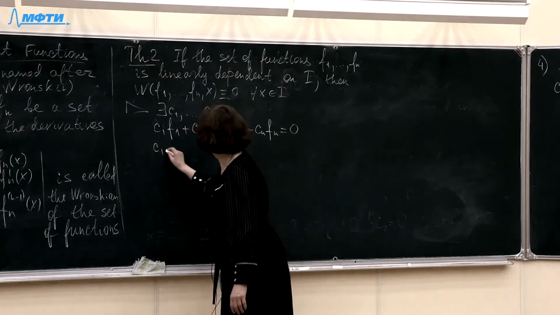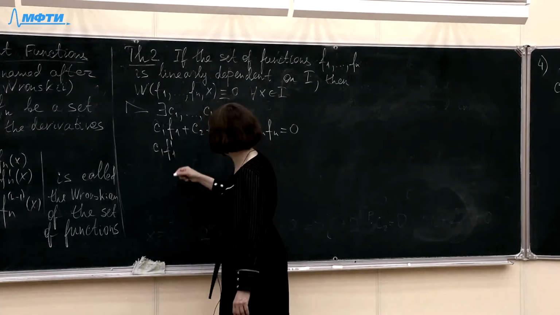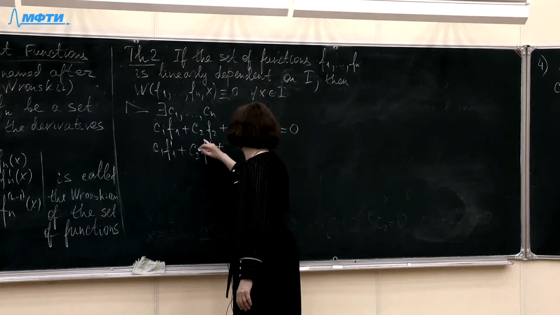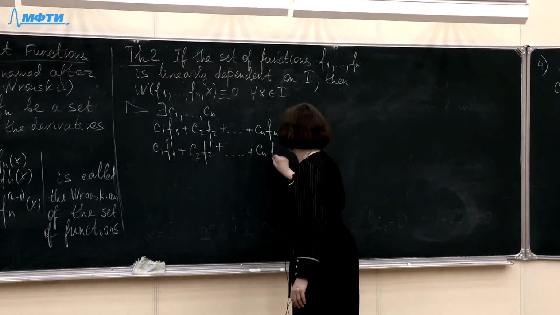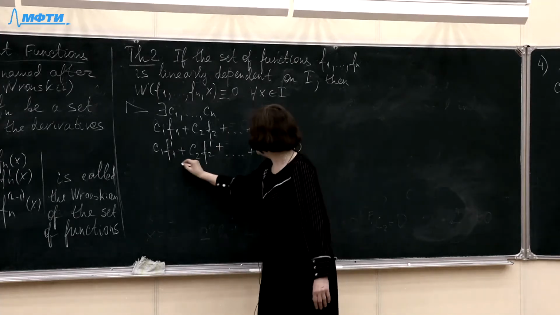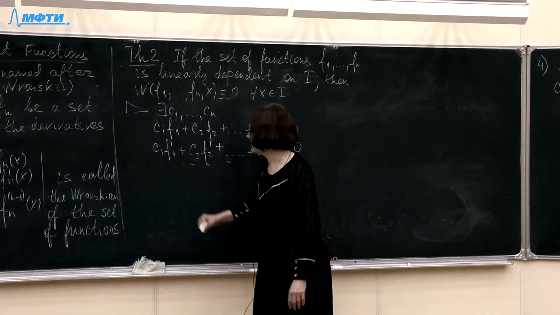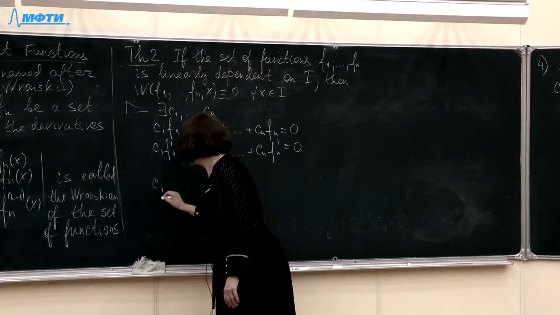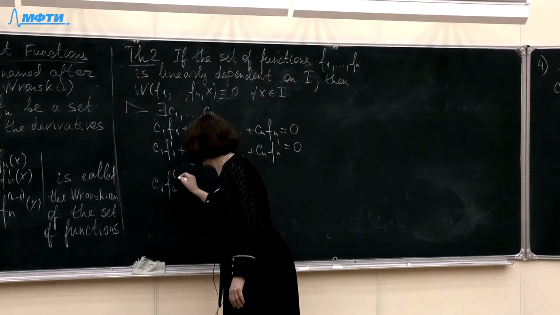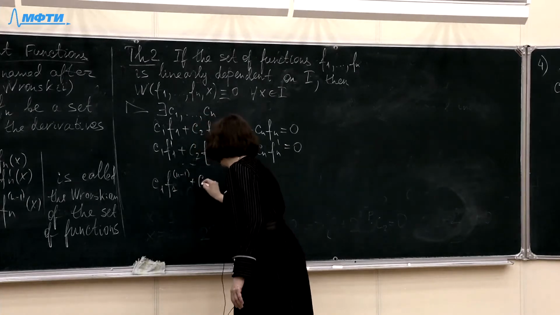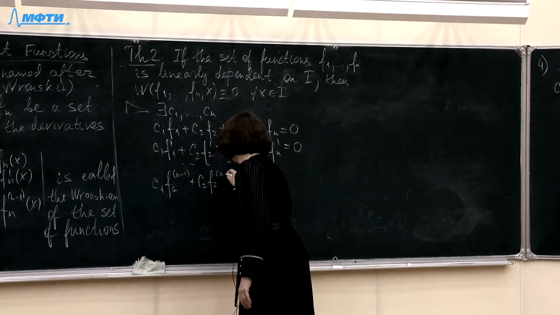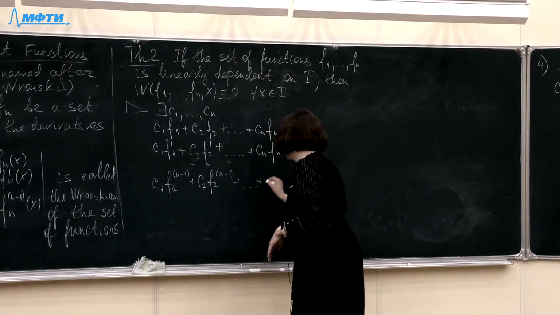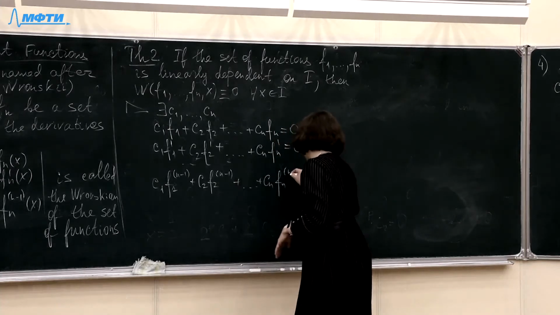We can represent it in the form C1 f1 prime plus C2 f2 prime plus dot dot dot plus Cn fn prime equals 0. We can differentiate this several times up to the derivative of order n minus 1: C1 f1 of order n minus 1 plus C2 f2 of order n minus 1 plus so on plus Cn fn of order n minus 1 equals 0.